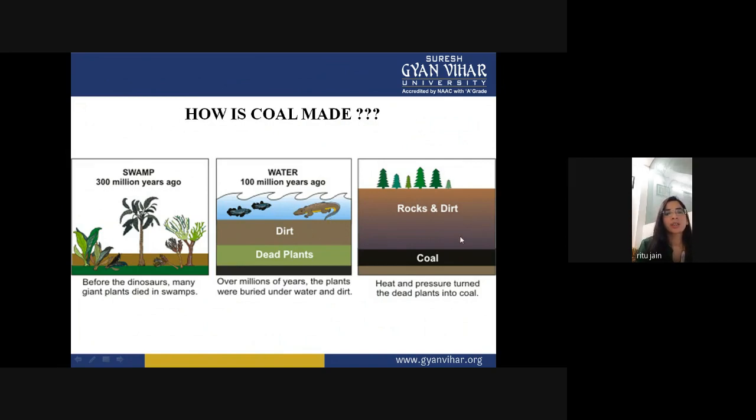Heat and pressure turn dead plants into coal. You can see that these are the rocks and dirt. Due to the earth's temperature and pressure, the dead plants and some dinosaurs or giant plants died and converted into coal. So it took millions of years to convert it into coal.